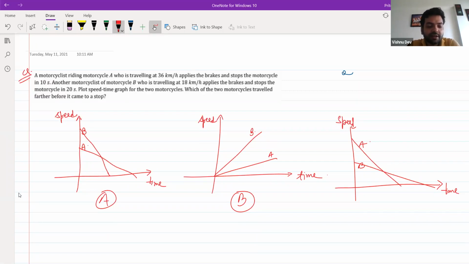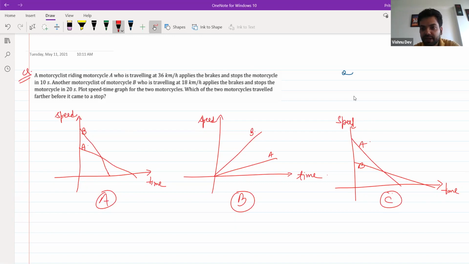Of course you can calculate here from the data as well. So which graph corresponding to the given information will be correct?